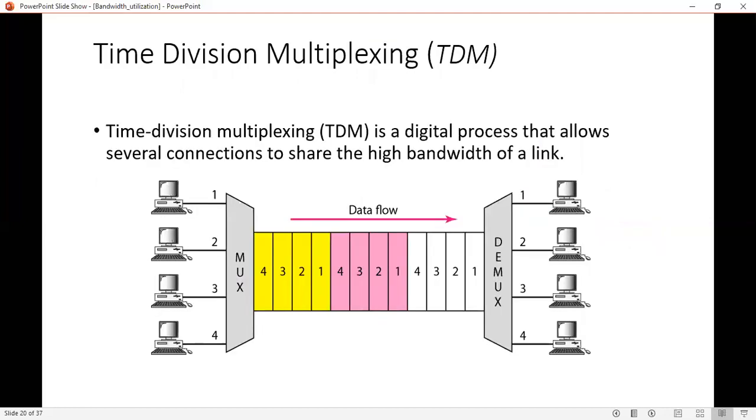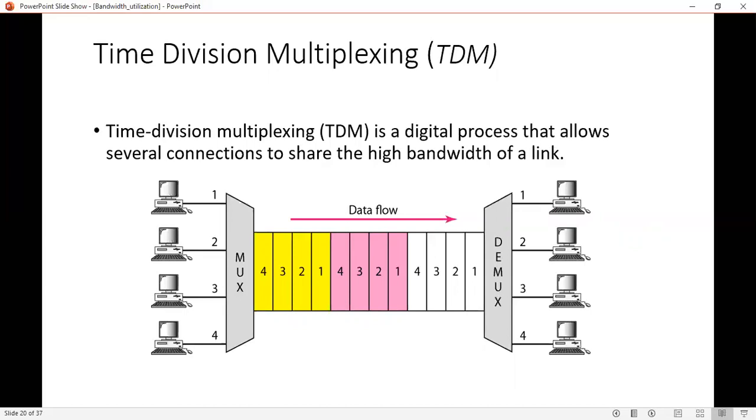Okay, next is the third type of multiplexing, that is time division multiplexing. Here we divide the channel with respect to time, so a single channel passes various communications. Time division multiplexing is a digital multiplexing technique for combining several low rate channels into one high rate channel.